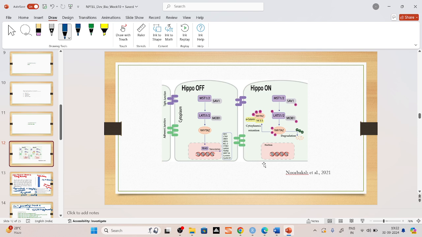This is essentially the human Hippo pathway that we're talking about. It is based on a kinase signaling cascade, including MST1 and MST2, as well as LATS1 and LATS2. Here you can see MST1 and MST2, and LATS1 and LATS2. Okay.